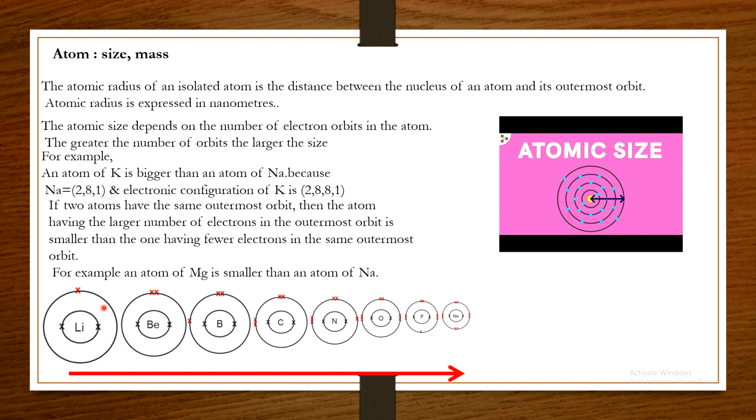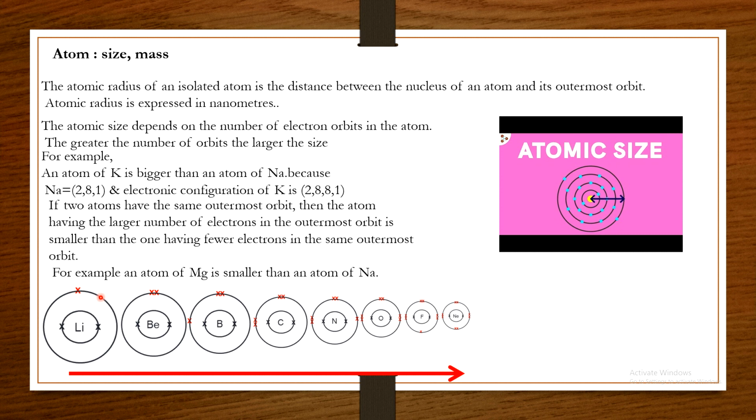as the number of electrons in the outermost orbit goes on increasing. Here you can observe that the number of orbits is the same for lithium, beryllium, boron, carbon, nitrogen, oxygen, etc. So how to compare which atom is greater?